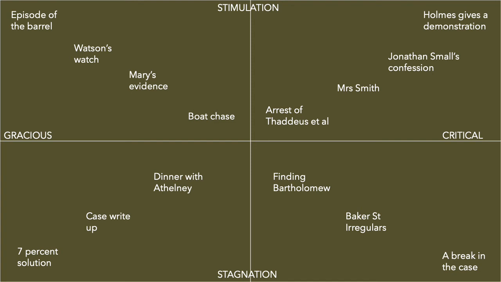So for this box, you could have written in the bottom left corner the idea of him taking his cocaine, his 7% solution. Holmes's use of drugs, morphine or cocaine, is an indication of his acceptance to a degree that this is his life.